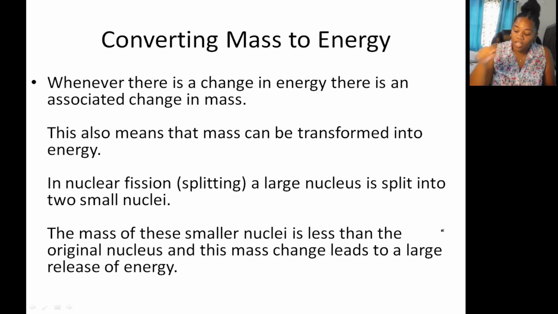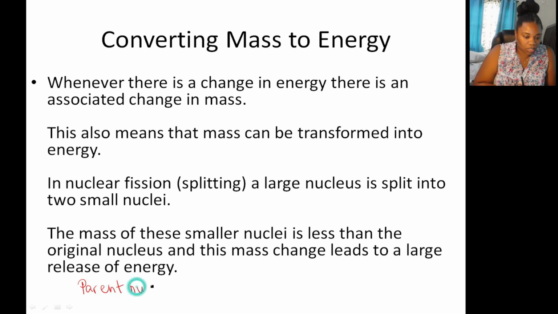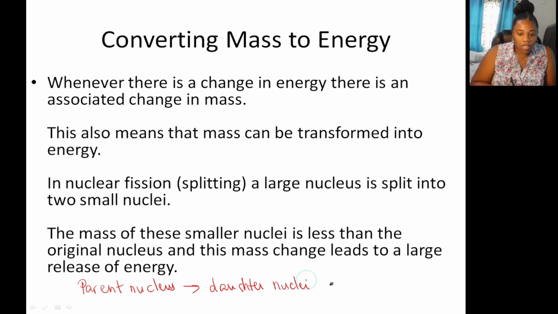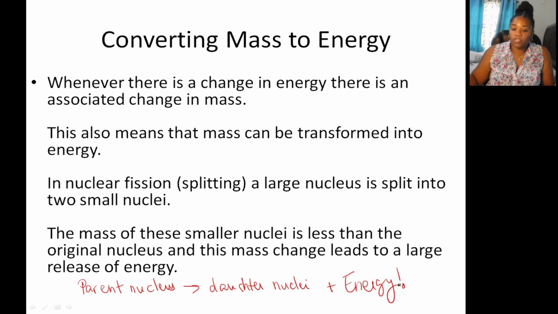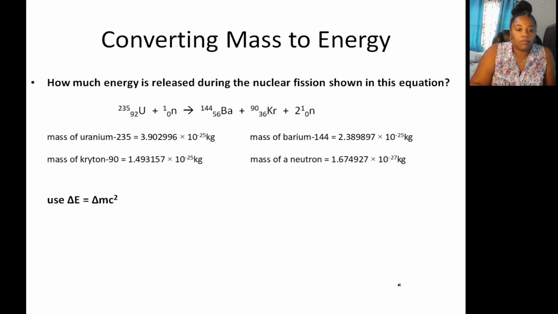That explains it, because you have a parent nucleus giving off daughter nuclei, which have less mass than the parent nucleus, and you got a lot of energy coming out. That explains the change in mass.